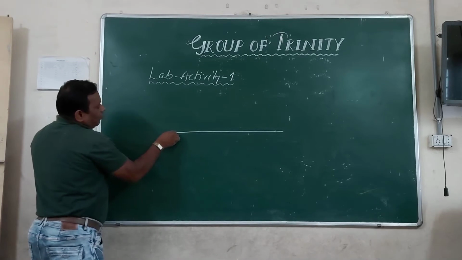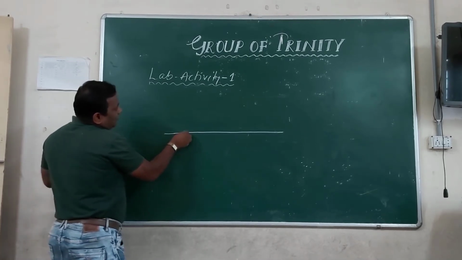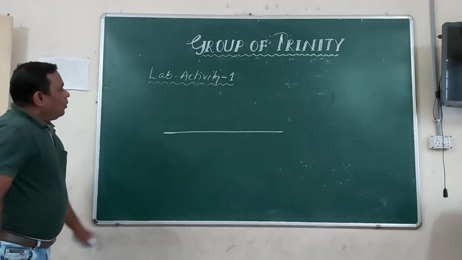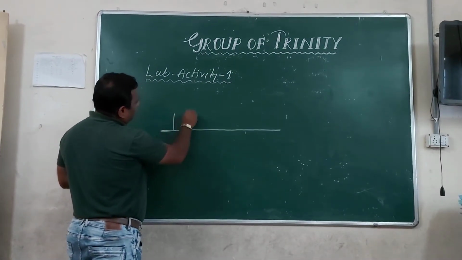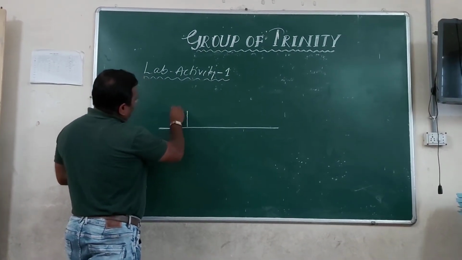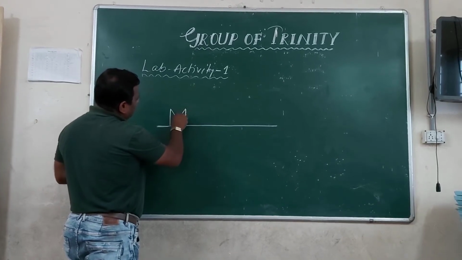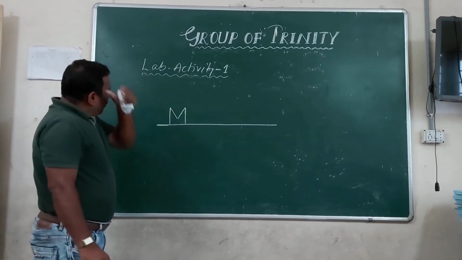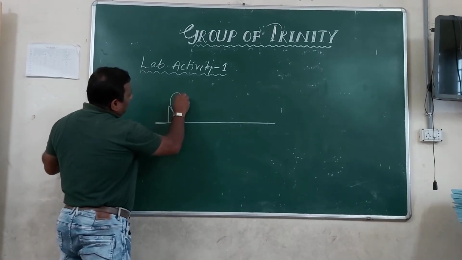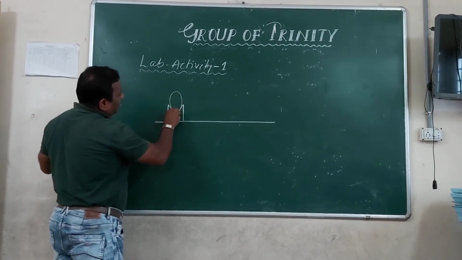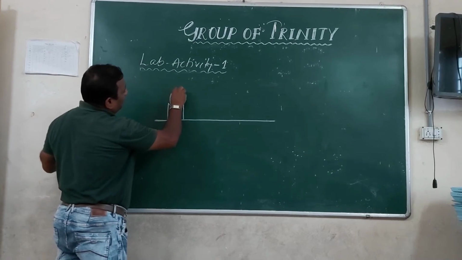I draw a straight line, it is the surface of the table. Over the surface of the table, at first I keep one V shape stand. Alright, over the V shape stand I keep the concave mirror. This is the concave mirror, remember this.